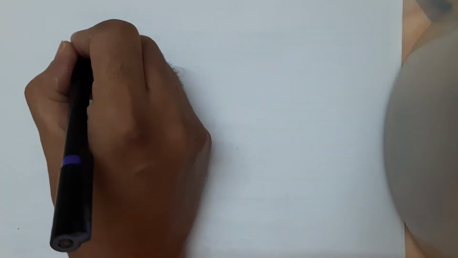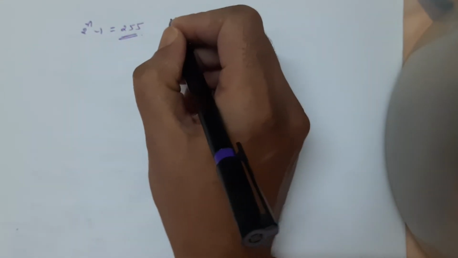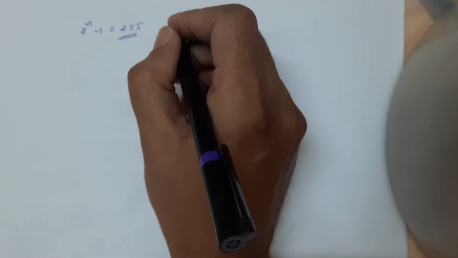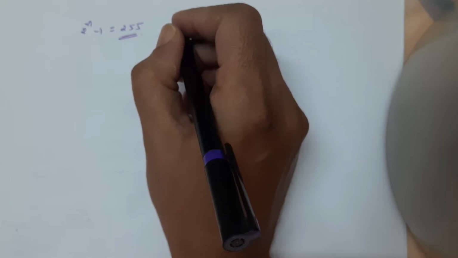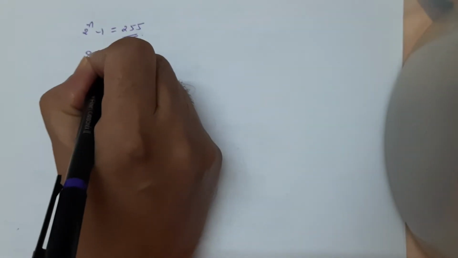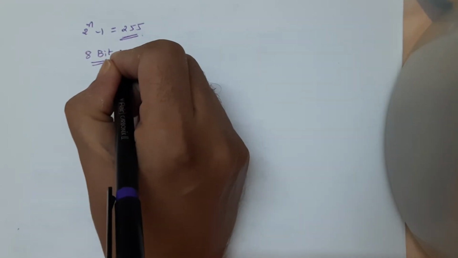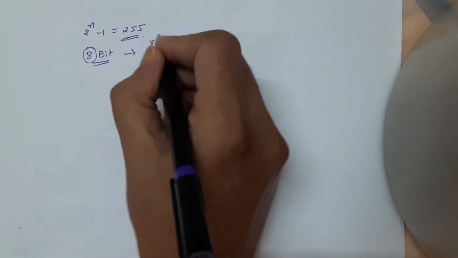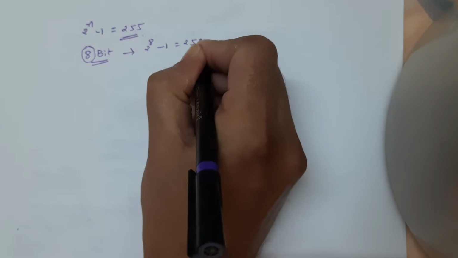What is the maximum number we can take? In the binary number system, the maximum is 2 raised to n minus 1, that is equal to 255. Maximum value up to 255, right? That means the maximum decimal equivalent of an 8 bit binary number is 2 raised to 8 minus 1, that is equal to 255.